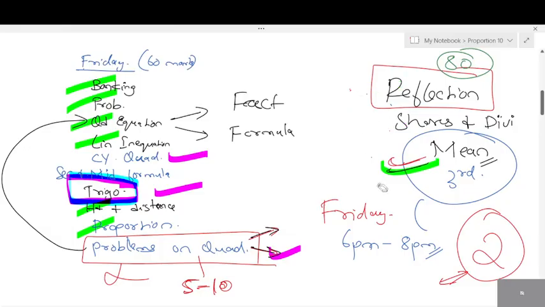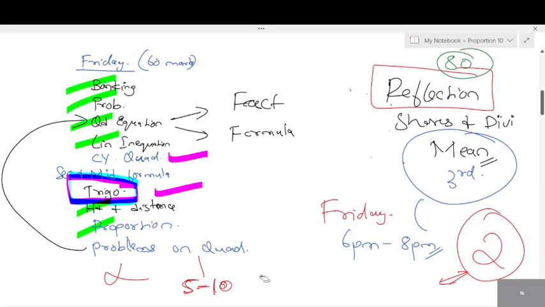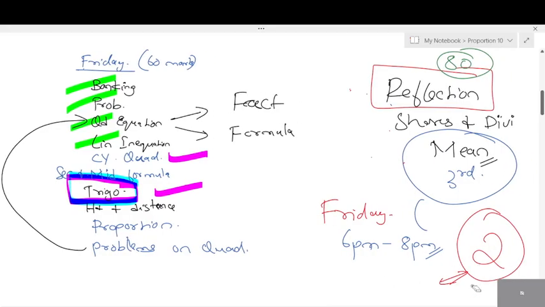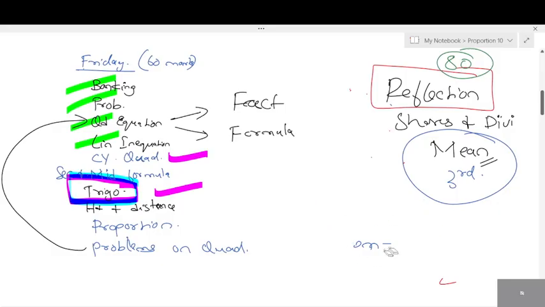Reflection we will do next week. Okay, so this is for 60 marks, enough. If you want, just take a screenshot. Left hand side, all the chapters I'll give. Right hand side, just ignore that. We'll do it next week.